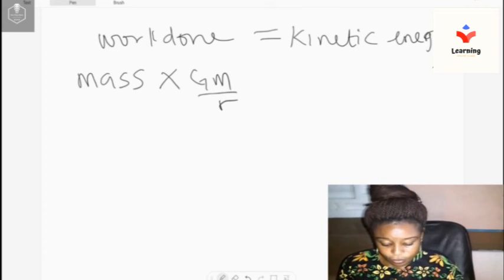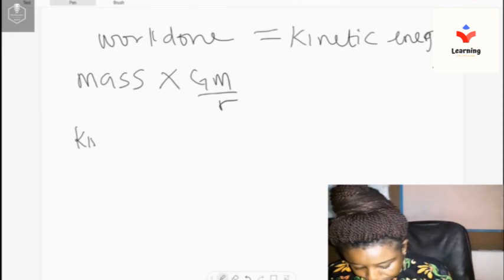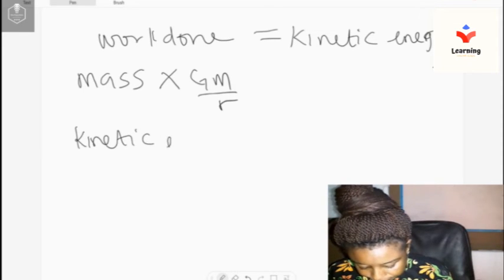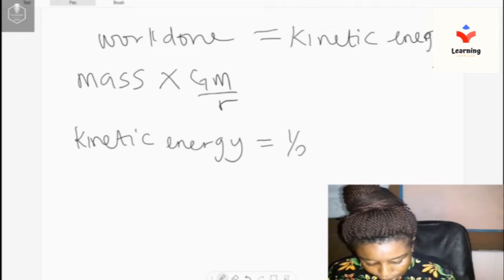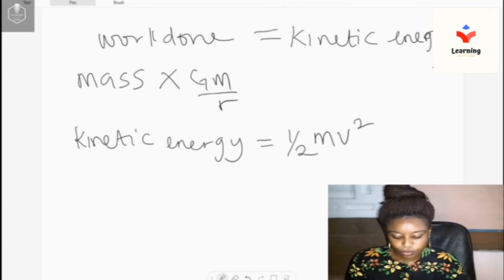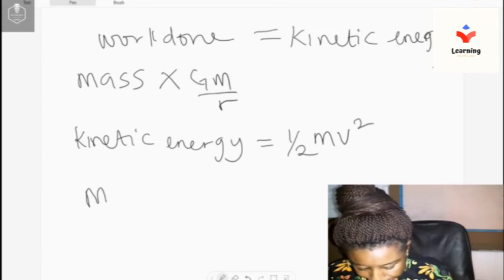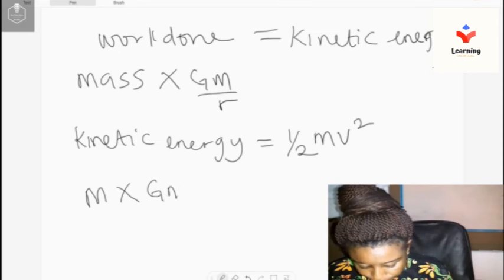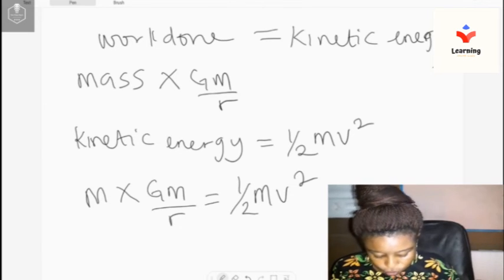That is for work done. The formula of kinetic energy equals half mv squared. Now equating the two formulas together, we have m times Gm over r equals half mv squared.